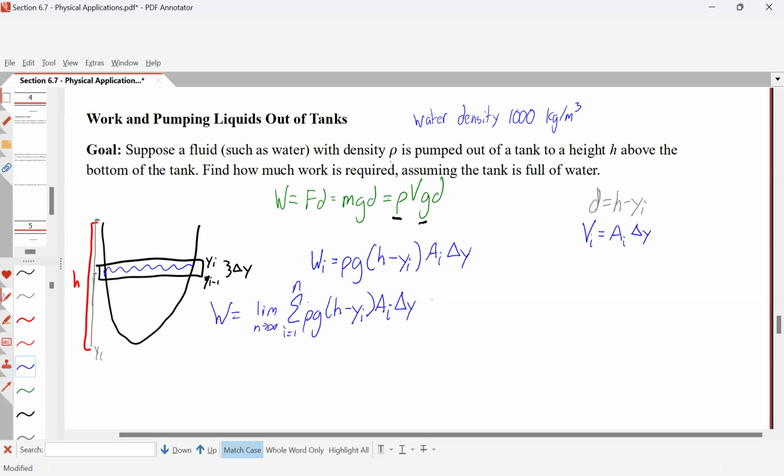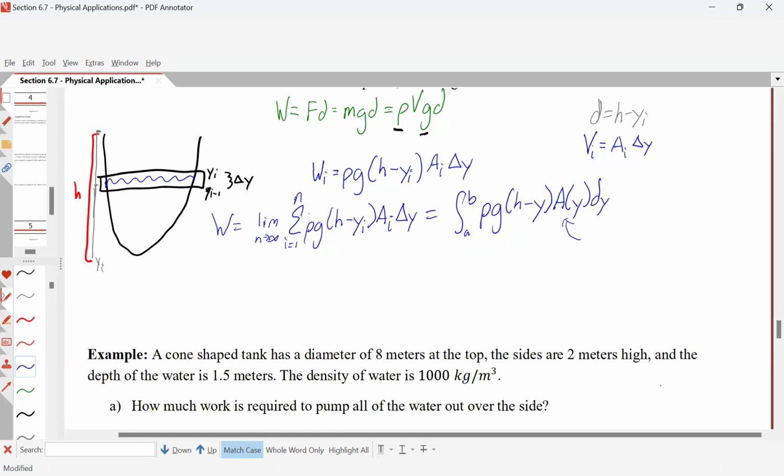That is the work needed, which is also the integral of the water being pumped out, rho g, the height minus y, times some area function that's going to be in terms of y, dy now, because we've taken the limit. So here is our integral for finding work being pumped out of a tank. Biggest challenge is finding this area function.